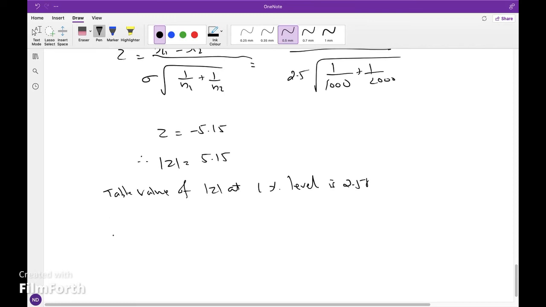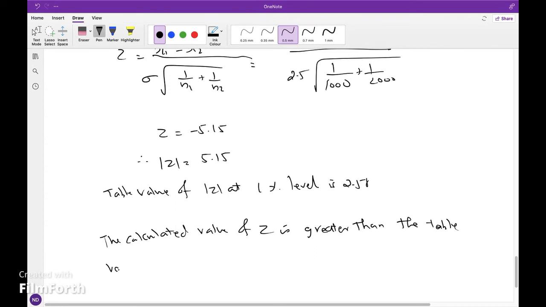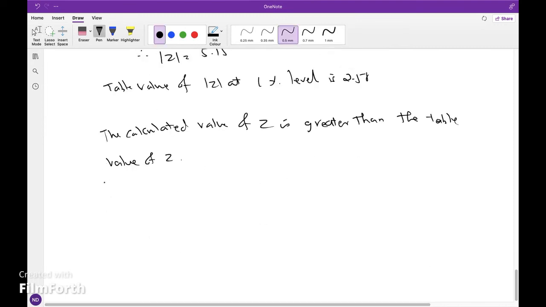So conclusion: the calculated value of z is greater than the table value, therefore the null hypothesis is rejected at 1% level.